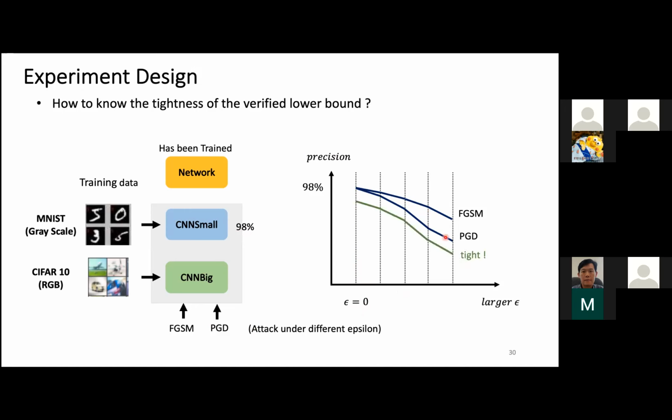If a verified bound we found is like this green bound, then we can say the bound is tight because it is close to reality. However, if a bound is like this red one, then we say the bound is loose because it's far from the real case. So here we compare our verified bound with other methods.